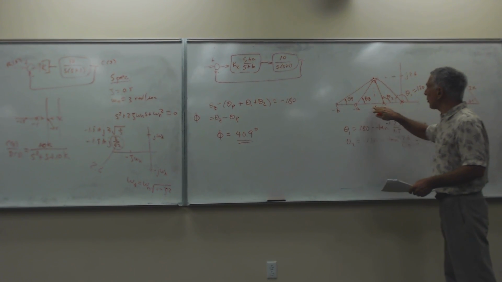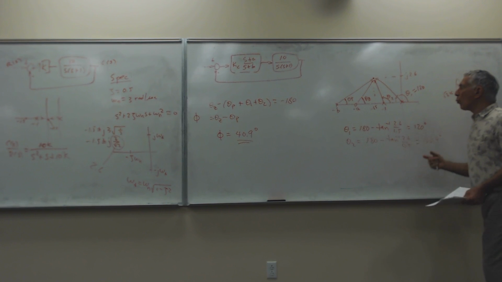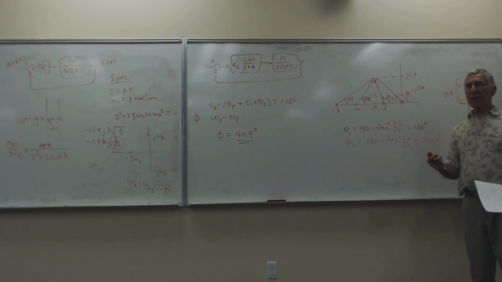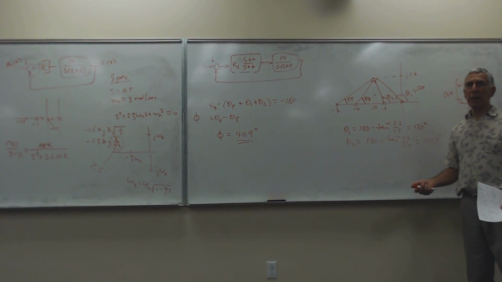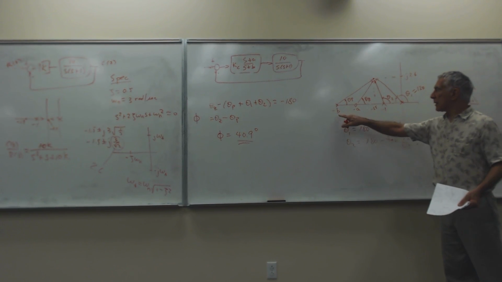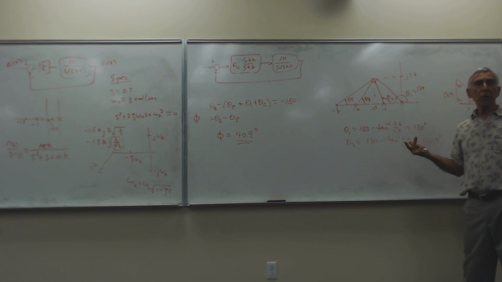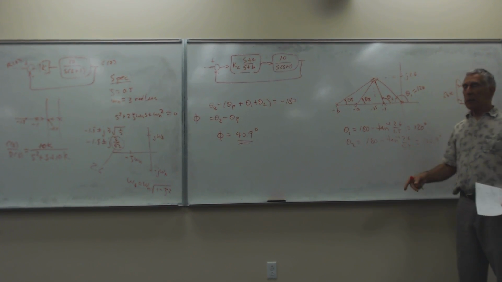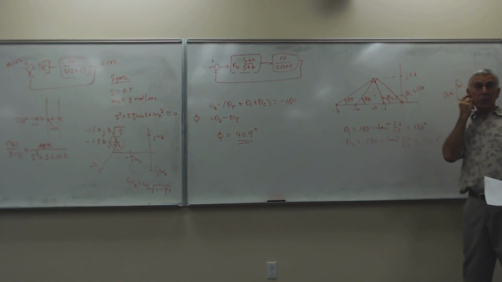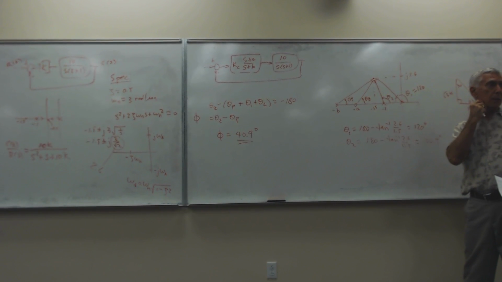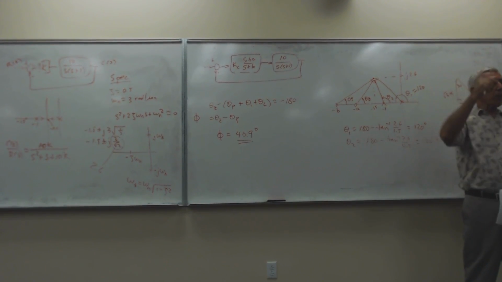cancel that pole there with that 0, how many singularities do you have left? 2. You've got that one and that one, right? And you know how to draw the root locus when you have 2 poles, right? They come together and break away in the middle.